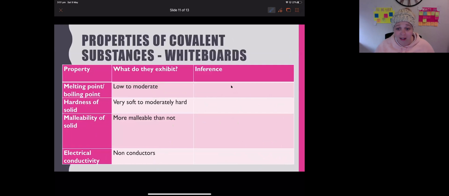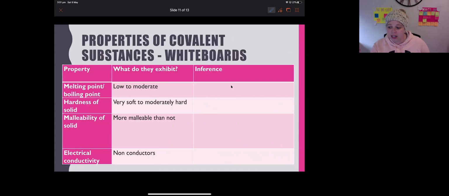While we're here, let's finish it off. It says whiteboards. Normally I get you to do this in class. I want you to pause and think about if they have a low melting and boiling point, what is the inference we can make about that? What does that mean about the forces or the bonds that exist within that molecule? Same with how hard they are.